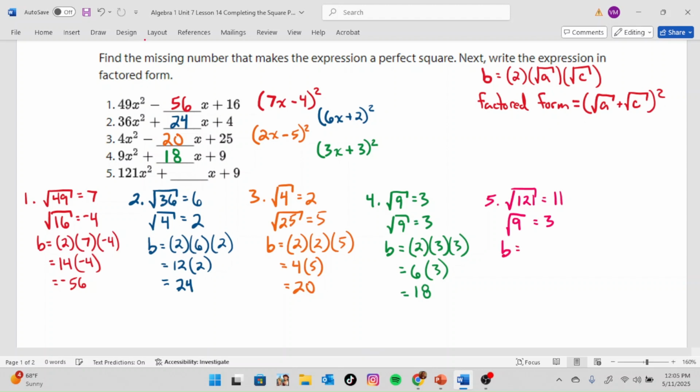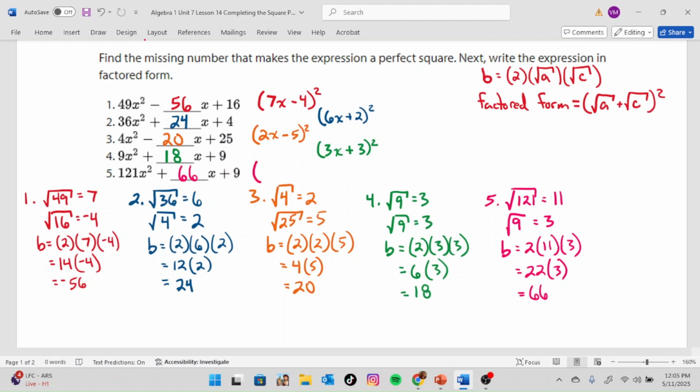The missing b number is going to be 2 times 11 times 3. 2 times 11 is 22. And 22 times 3 is 66. So the missing number is 66.